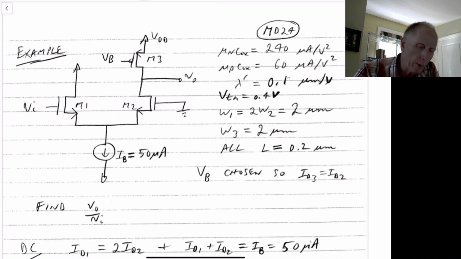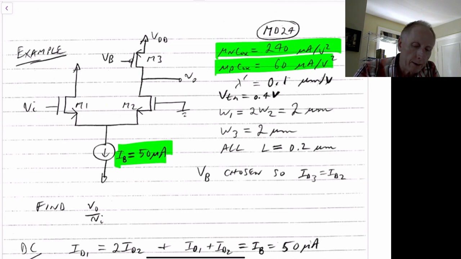We don't always have to drive it with a differential signal. Our bias current is given as 50 microamps. We'll assume this value for mu n Cox, this value for mu p Cox for the p-channel transistors. Lambda prime will be given as 0.1 micrometers per volt. The threshold of all the transistors will be 0.4 volts.